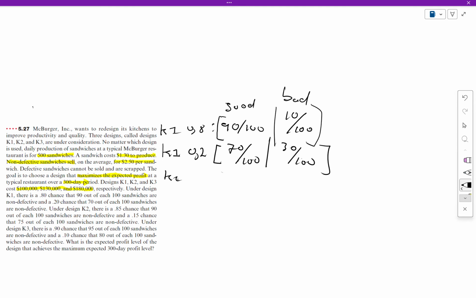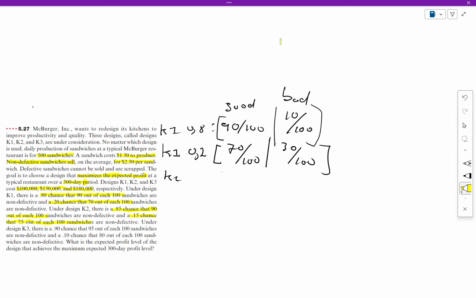Under K2, we have 0.85 and 90 of 100 are good, and then 50 with a probability of 0.15, 75 out of 100 are good, and so on.